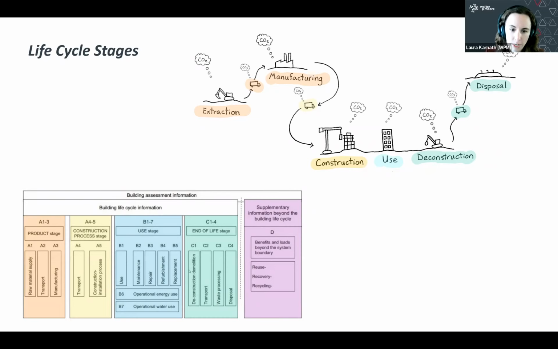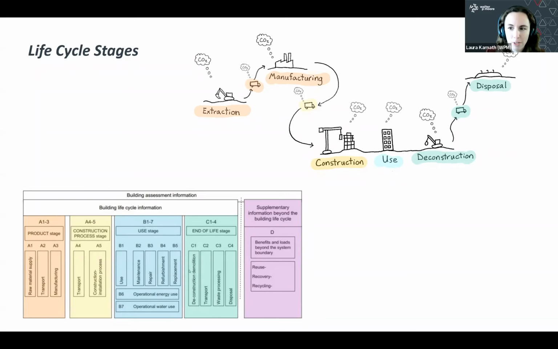So that's another stage. Then we have the use stage, which can include building operations, but it can also include the repair, replacement, and refurbishment of parts of the building. Finally, deconstruction and disposal is the end of life stage. And then there's something we call module D, which is information beyond the boundaries of the system.